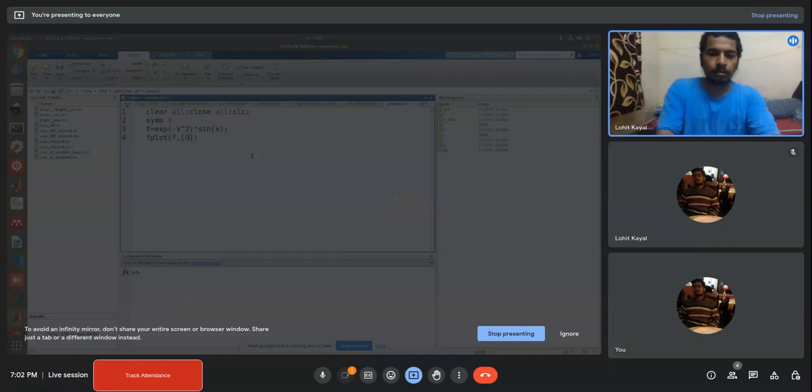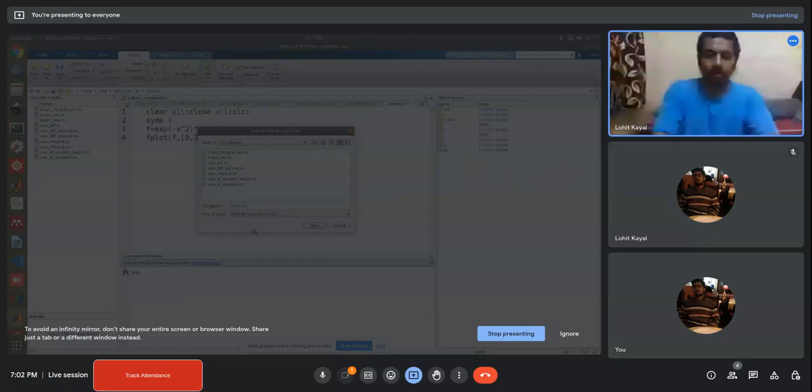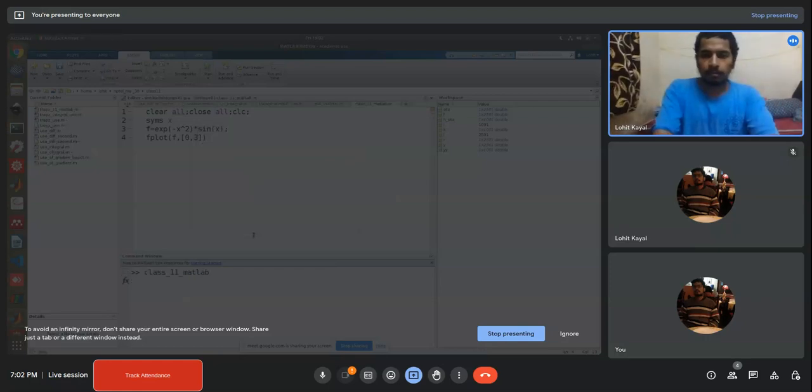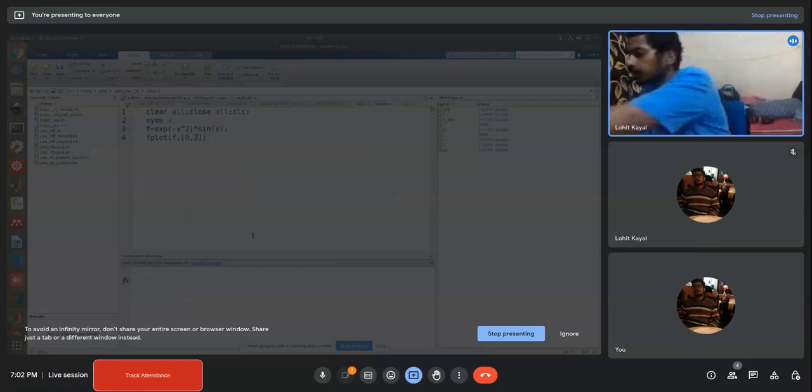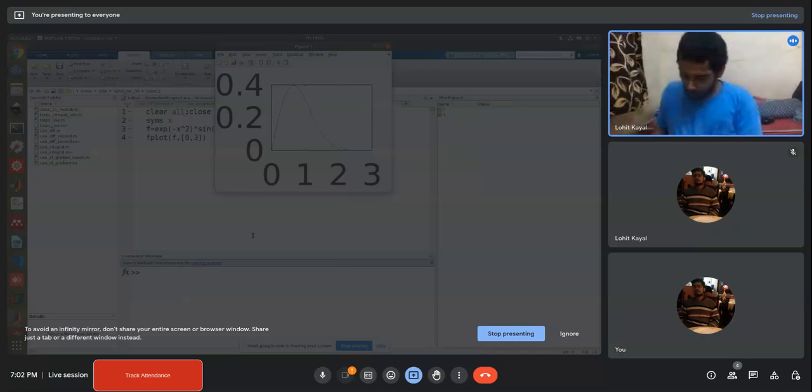Let's plot the function. To do the plotting of any symbolic function, we need to use fplot. I need to provide the range, suppose 0 to 3. Let me just run it.